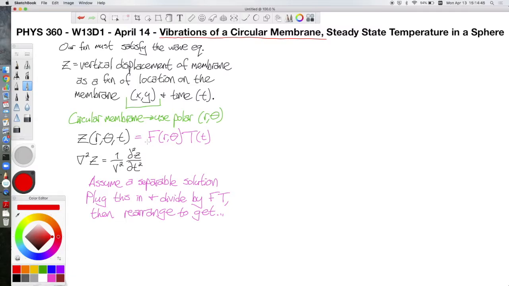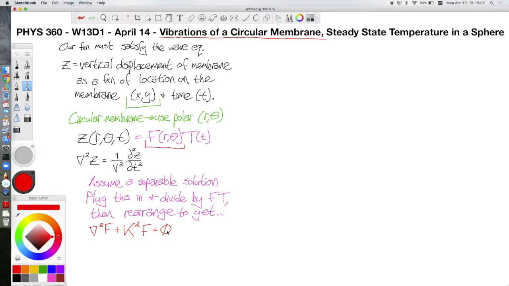For the spatial part of this displacement function z, we get exactly what we got before. We are going to get the Helmholtz equation here, the Laplacian of f plus kappa squared, where kappa squared is our separation constant, times f equals 0.